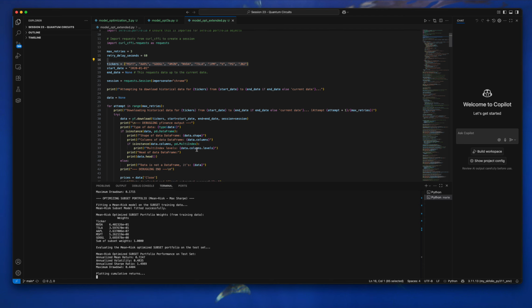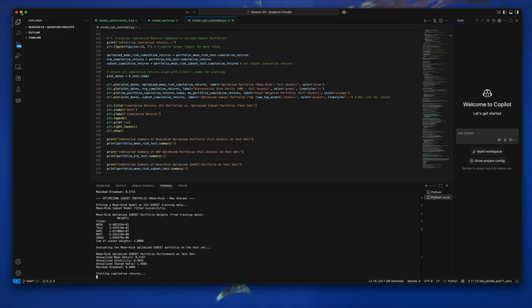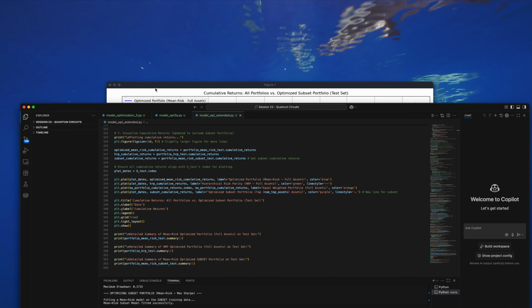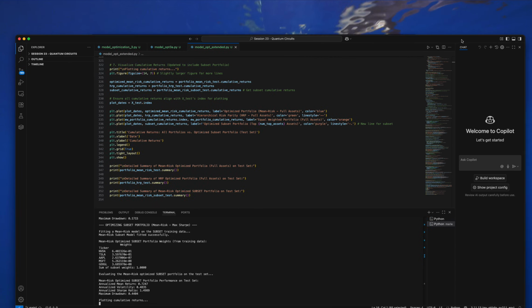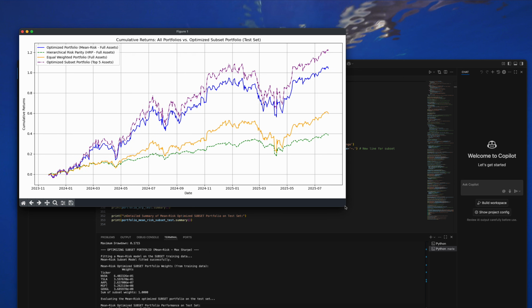So we ran this code, okay? And out we get this graph right here for the cumulative returns for the different analysis techniques that we've used.